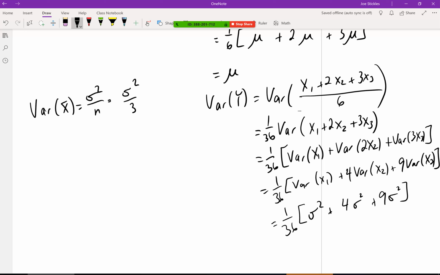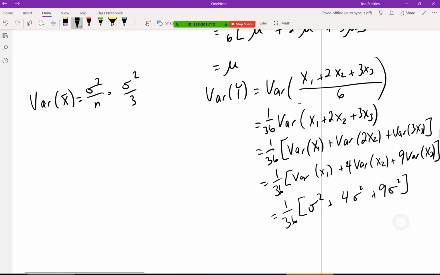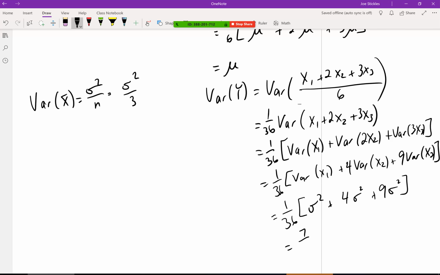So we get 14 over 36, or what is that, 7 over 18? So we get 7/18 sigma squared here.